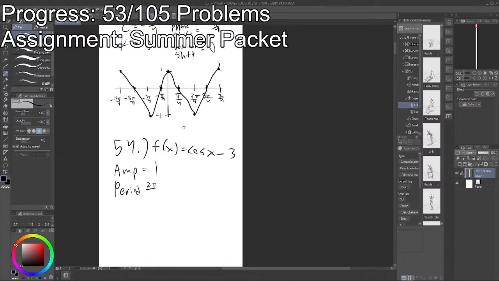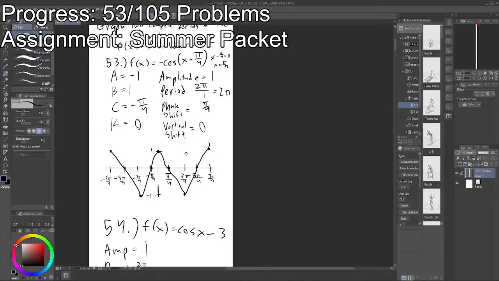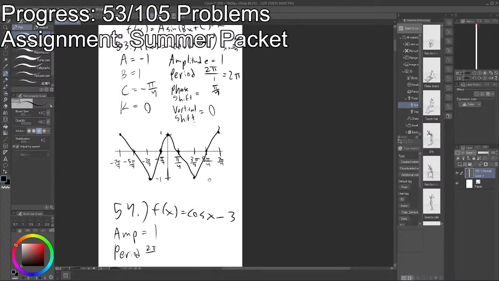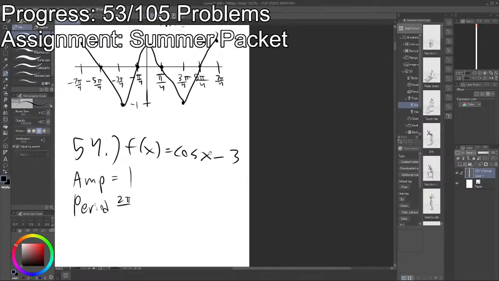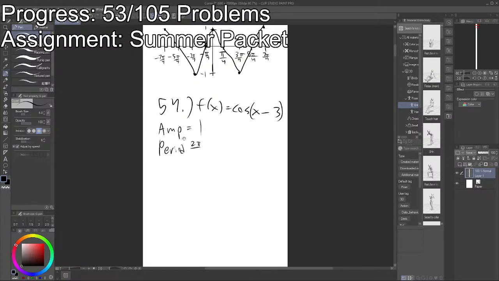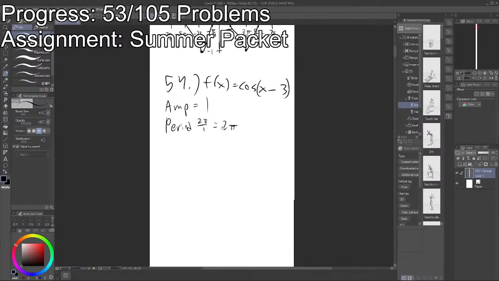B is in front of x. So 1, I think. Because you can write it like this. So yeah, it's just 1. God, the period's not changing. Probably have to figure out how to do that too.